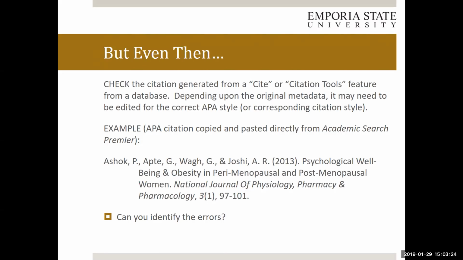So those are just some minor considerations, but some things that you need to look at. Do not ever take this as 100% accurate because, again, a database and the citation tools within it are not intuitive enough to convert everything into correct APA style. And that's why it's really important to know how to do your citations, how to do your references in APA style, and also where to get help when you need it. And that's what we're going to be covering.